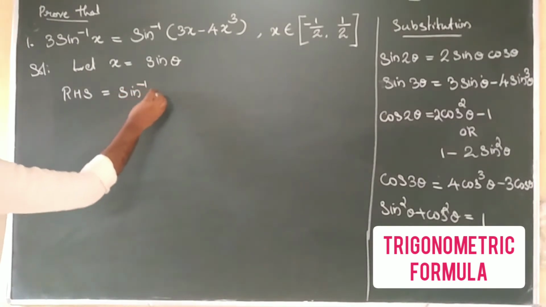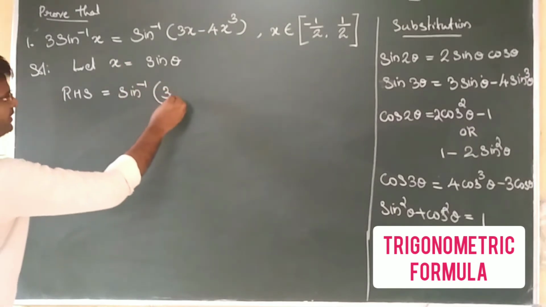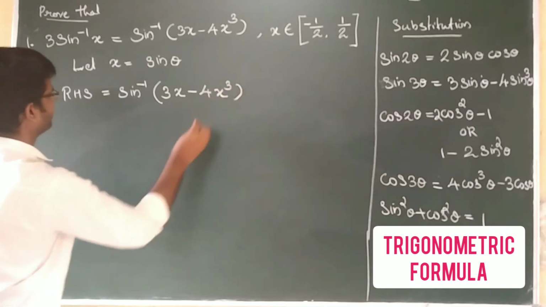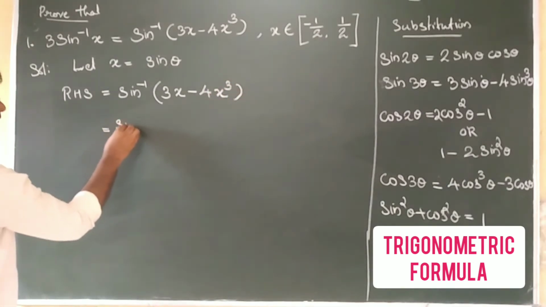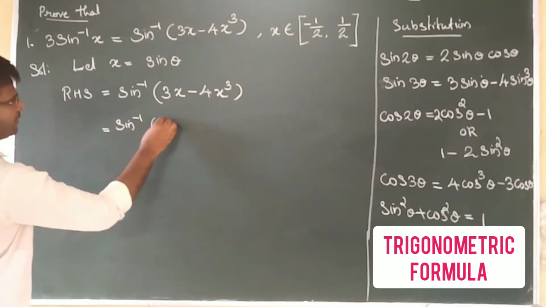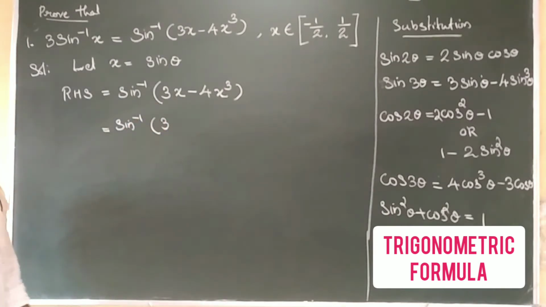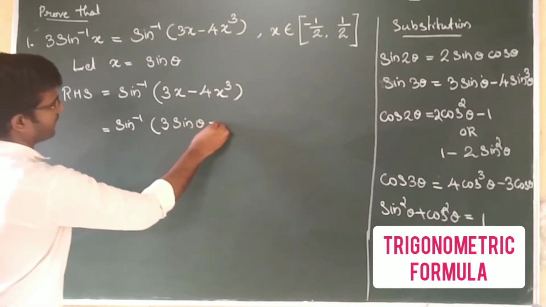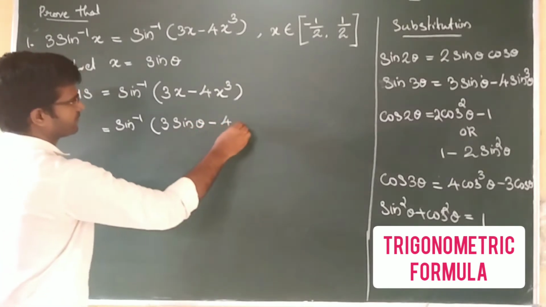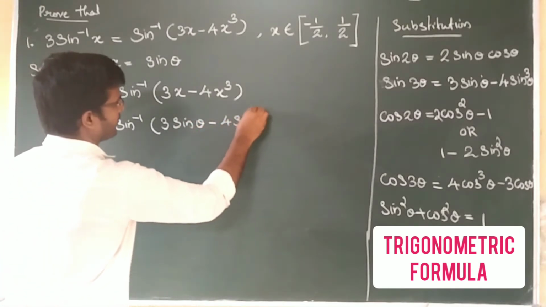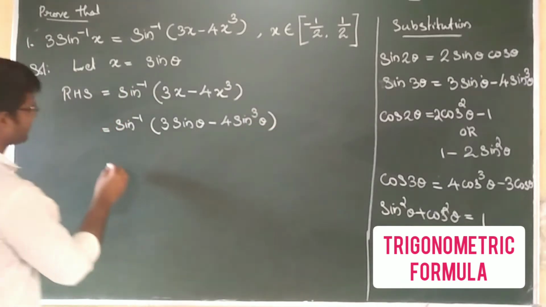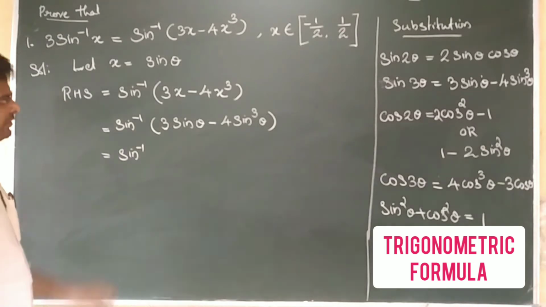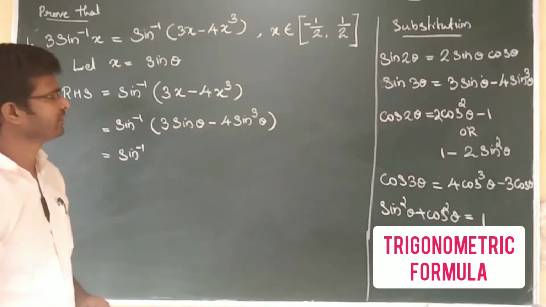RHS is sine inverse of 3x minus 4x cube, which equals sine inverse of 3 sine theta minus 4 sine cube theta, since x is sine theta. What is 3 sine theta minus 4 sine cube theta?